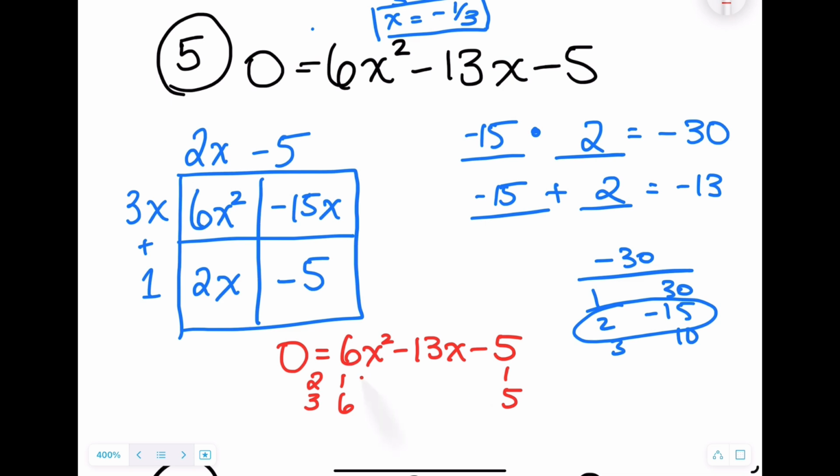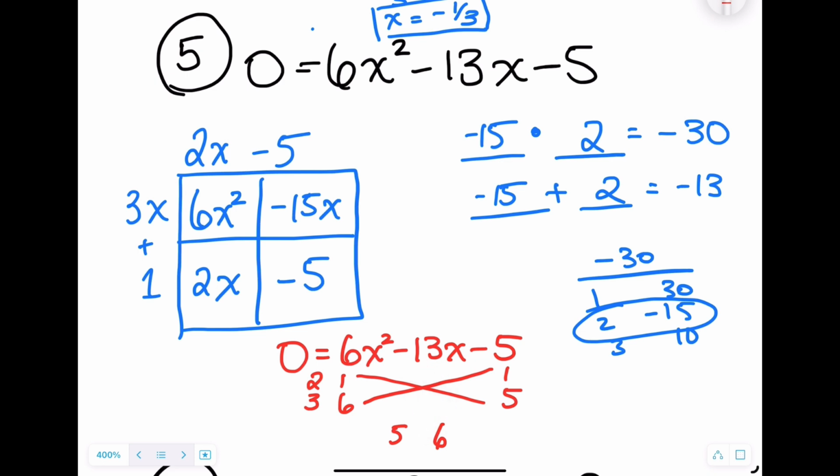So the way this works is once you've listed out your factors, you have to find the combination of values that when you multiply across like this, and then add or subtract those product values, they should equal the middle term. For example, we have 1 times 5 makes 5, and 1 times 6 makes 6. Then I have to ask myself, is there any way that 5 and 6 could add or subtract to equal negative 13?